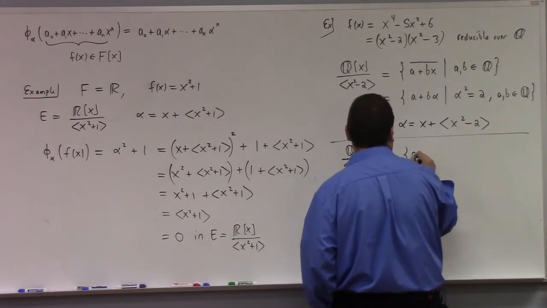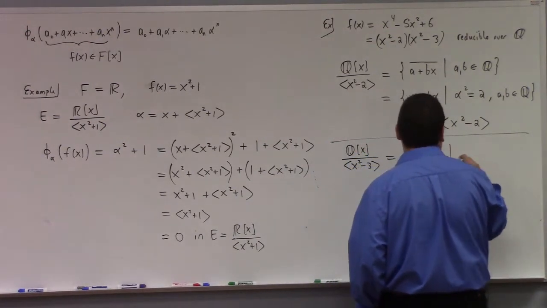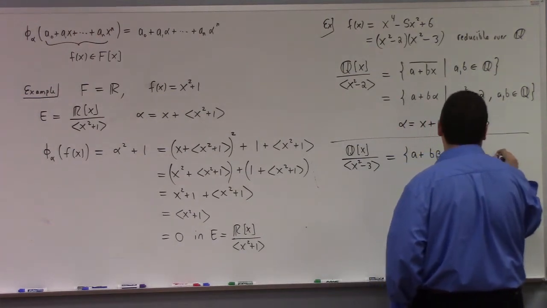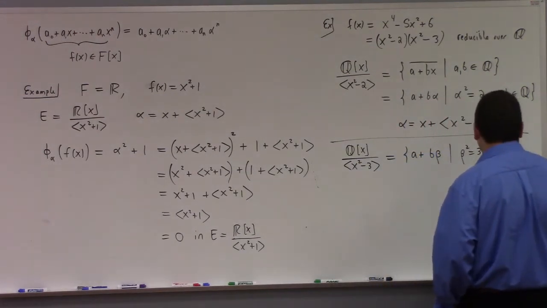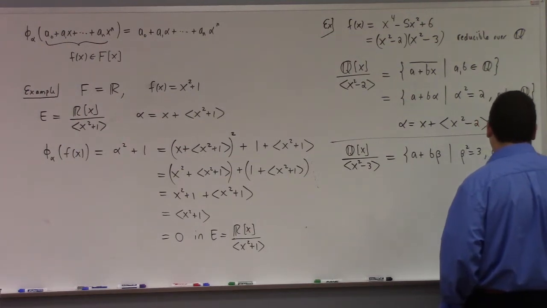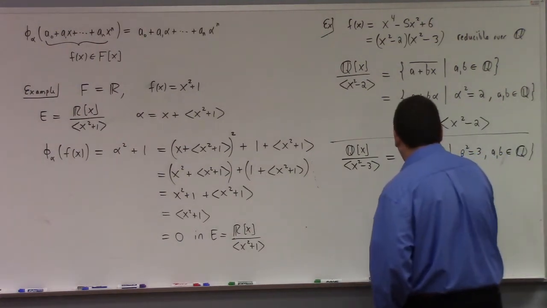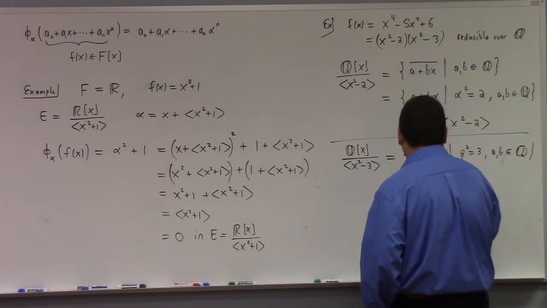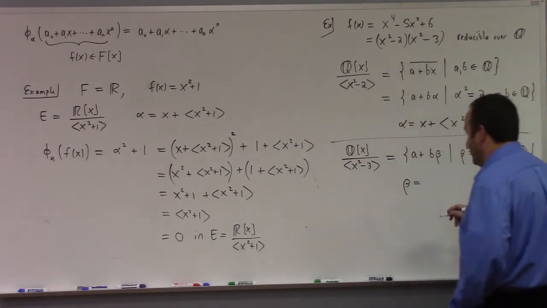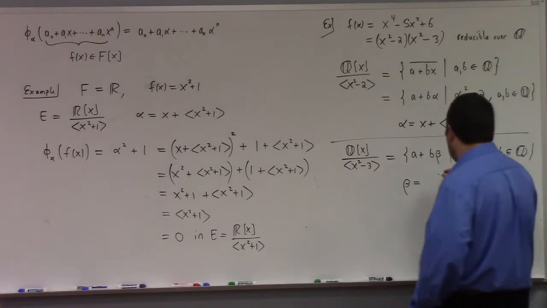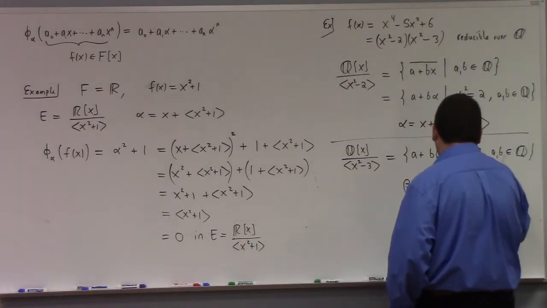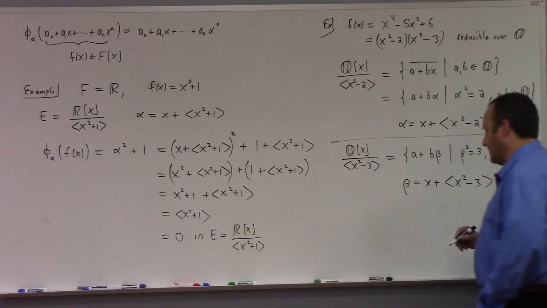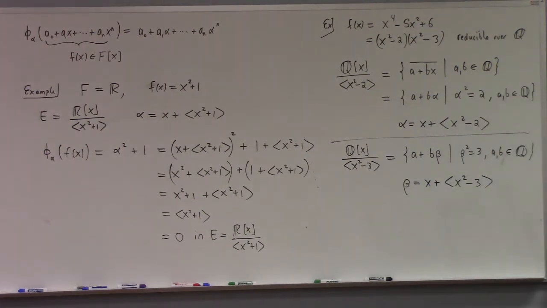And we could look at that as, say, a plus b beta, such that beta squared equals 3, and a and b are rational. Again, using the construction I've just outlined. And here, beta would actually be x plus the principal ideal generated by x squared minus 3. How do I know that x squared minus 2 and x squared minus 3 are irreducible as rational polynomials?